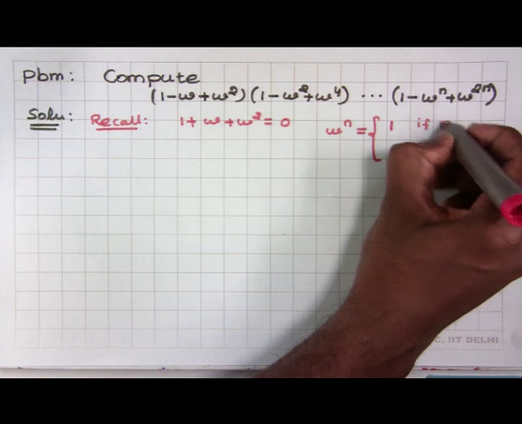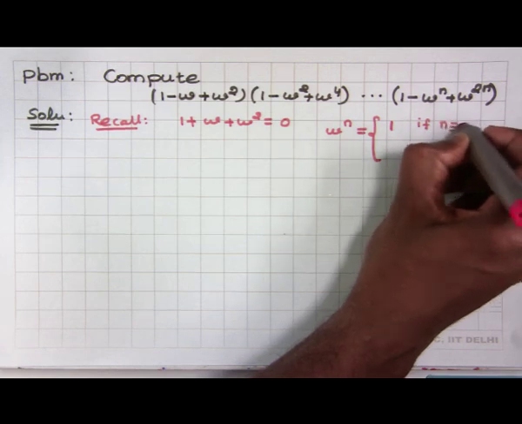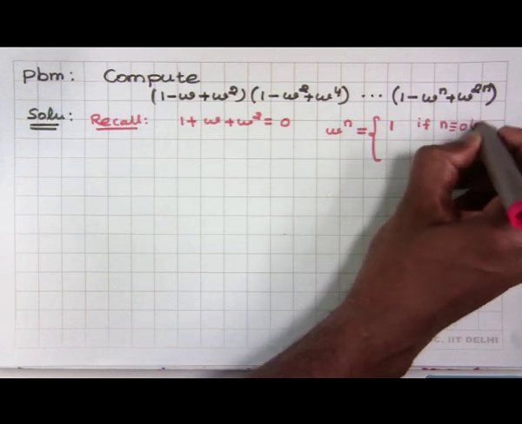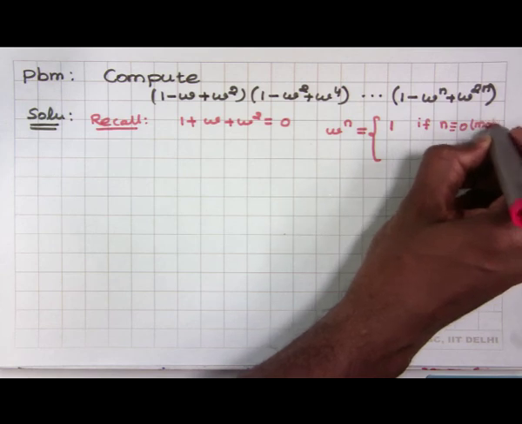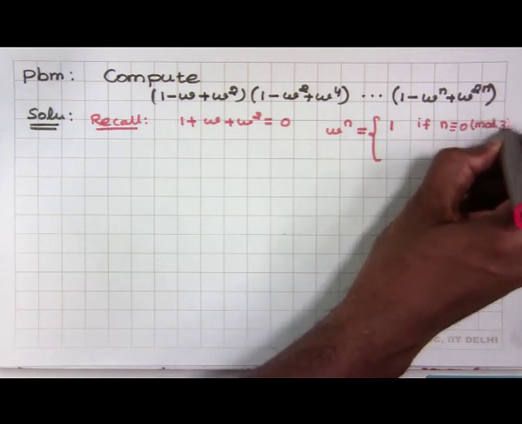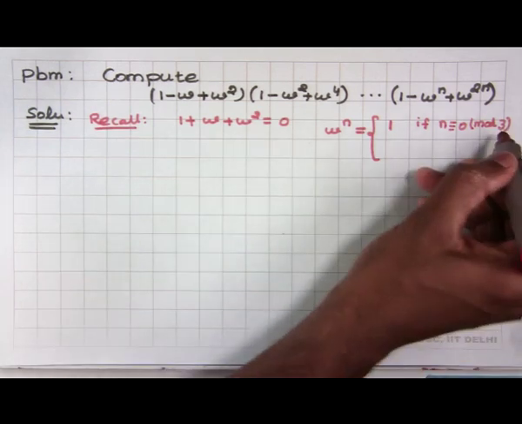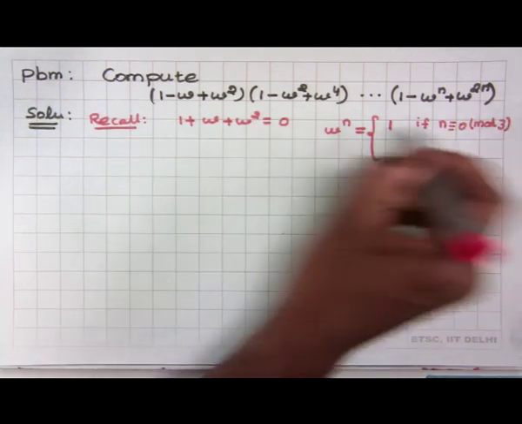In general we can write omega power n as 1 if n is a multiple of 3. Which means the remainder, if I divide by 3 the remainder is 0, then the value is 1.